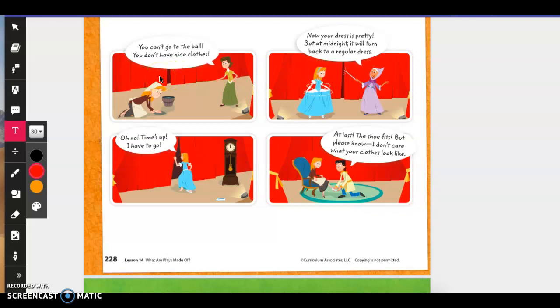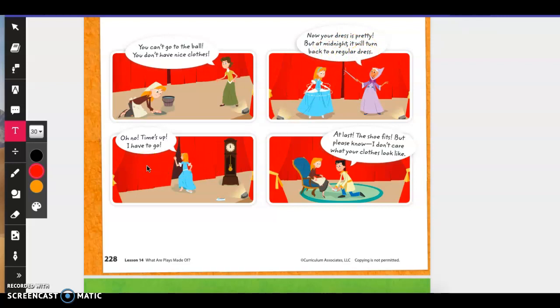Well, notice in the first scene or part of the play, it says, "You can't go to the ball. You don't have nice clothes." Now this is the stepmother talking to Cinderella. In the next scene or part of the play, we see the fairy godmother talking to Cinderella. "Now your dress is pretty, but at midnight it will turn back to a regular dress."